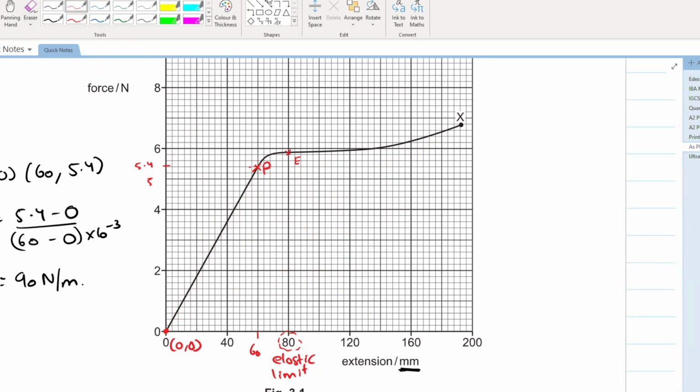Okay. Let's say, now let me highlight it, this is the first parallel side of the trapezium. This is the second parallel side of the trapezium. Let's calculate both of them.